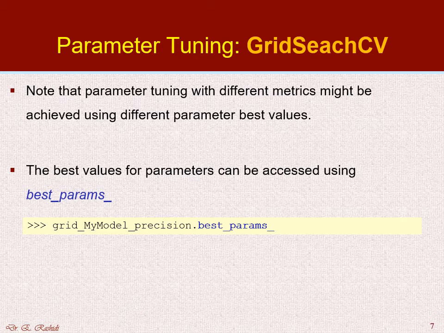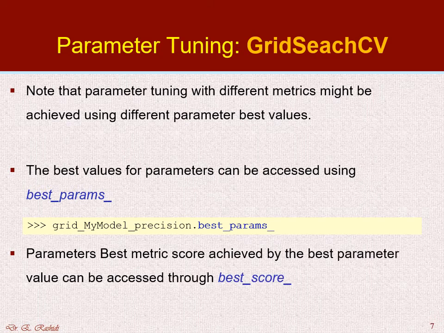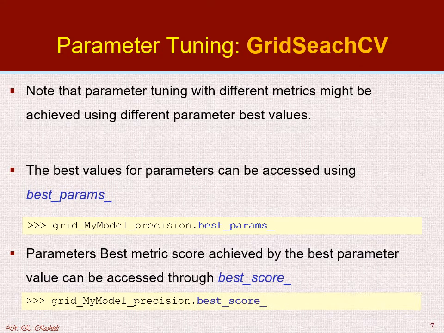Also, if you want to access the best performance, the best metric value or score for your model using this best parameter value, you can use the best score, like the following line. This is going to print out the best score, whatever metric you have used in grid search CV, based on your optimal tuning parameter value.